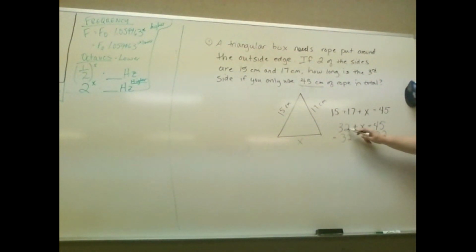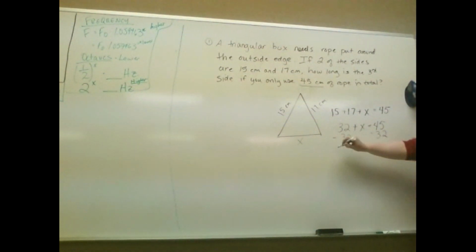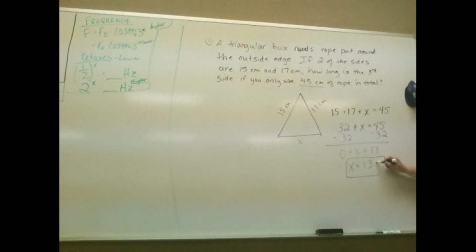And when you do that, you get 32 minus 32, which gives us 0 plus x equals 13. And here, 0 plus x is just x, which is why that works. And so you get that your third side is 13 centimeters.